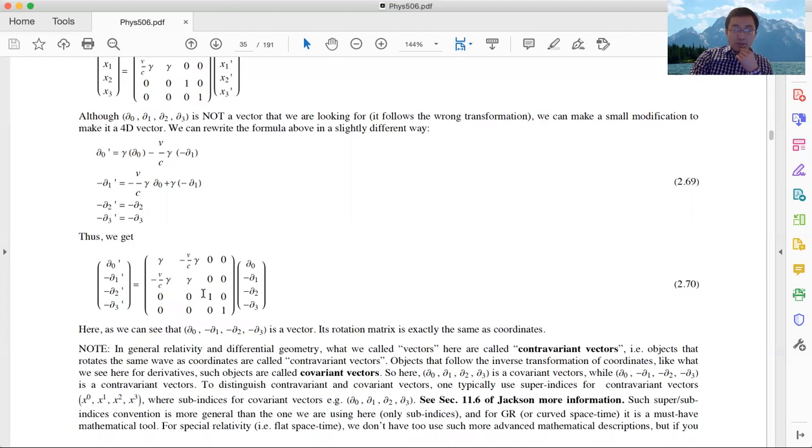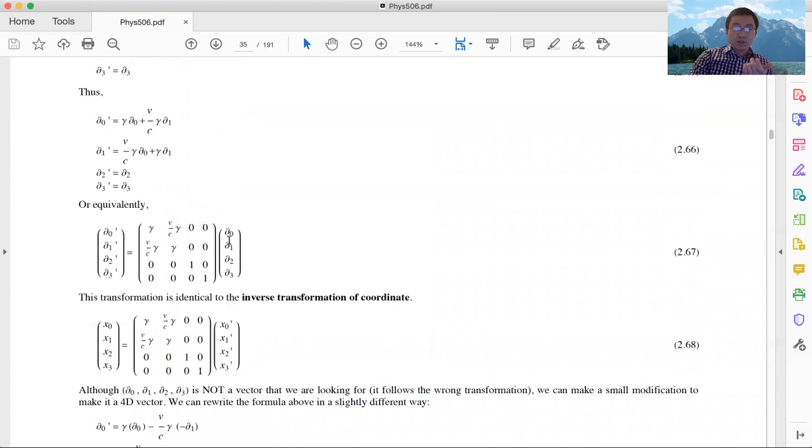Towards the end of last lecture, we also briefly mentioned the terminology of contravariant vectors and covariant vectors. Contravariant vectors behave the same way as coordinates. That's what we call the vectors. A covariant vector behaves almost like a vector, but it obeys the inverse transformation.